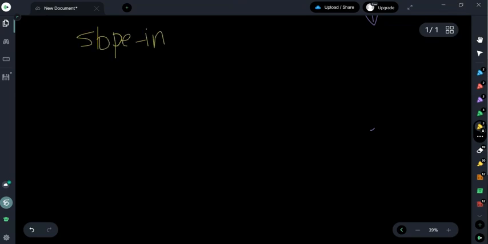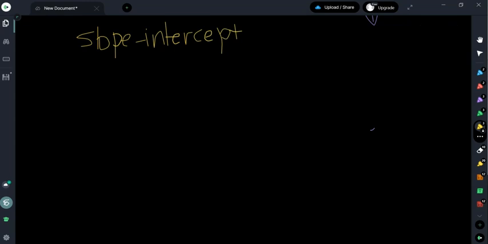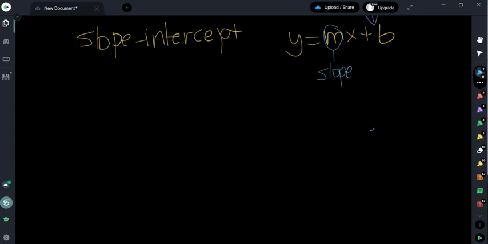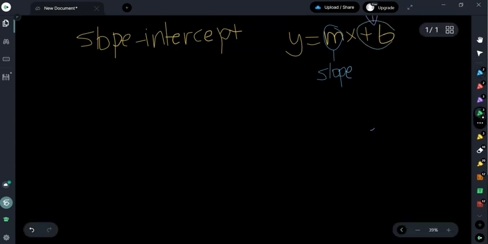This is called slope-intercept form because you are able to look at the equation and tell the slope of the line and the y-intercept of the line. Slope-intercept form is y equals mx plus b. You should have seen this multiple times in Algebra 1, Algebra 2, and even in geometry. So m represents the slope of the line, and notice it's just m, not mx. Just m represents the slope, and b represents the y-intercept.